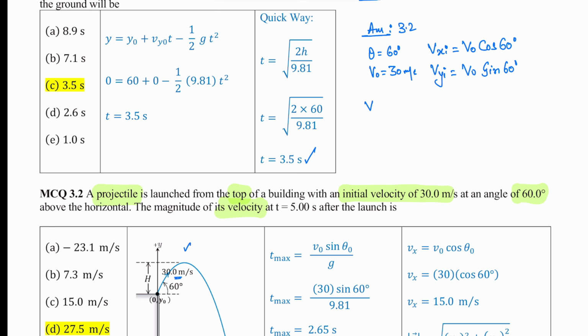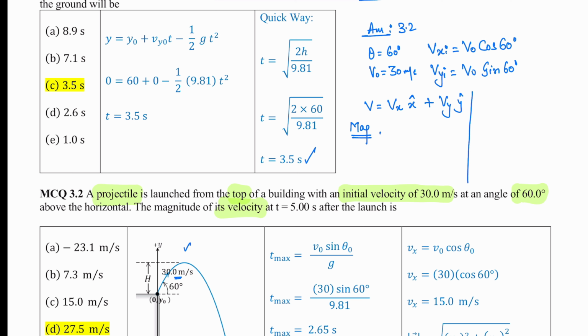Can I say V, total velocity, is Vx x cap plus Vy y cap? Do you understand this? See, it is not saying x-axis velocity or y-axis velocity. He's asking about the velocity. So this is the velocity. Then what is the magnitude of velocity?